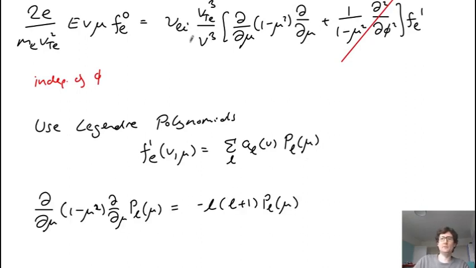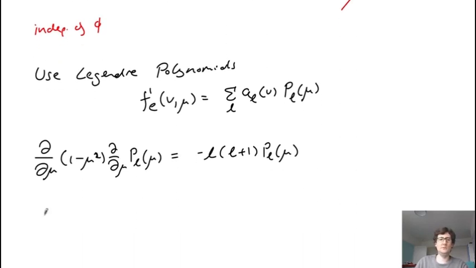So what I have here is this term, which just becomes essentially a number. L is just an integer, times these polynomial coefficients, times these a's. On the left hand side you can see that none of this depends on pitch angle, so the equilibrium distribution function doesn't depend on mu. The only factor that depends on mu is this mu here.